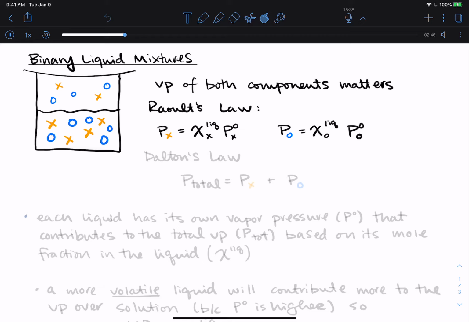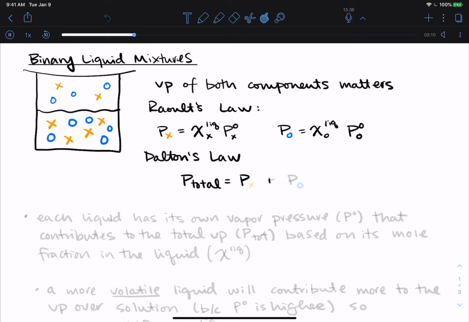Now, something that we haven't used in a while, but still applies in this case, is Dalton's law of partial pressures. So Dalton's law of partial pressures says that if I want to know the total pressure, all I have to do is add up the pressure of these individual components.